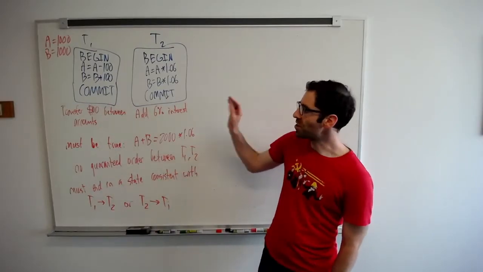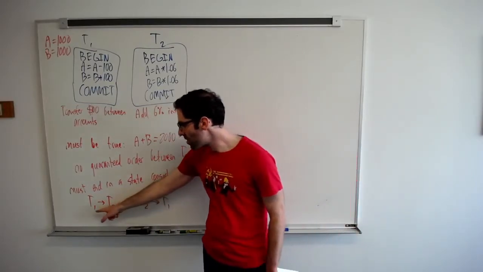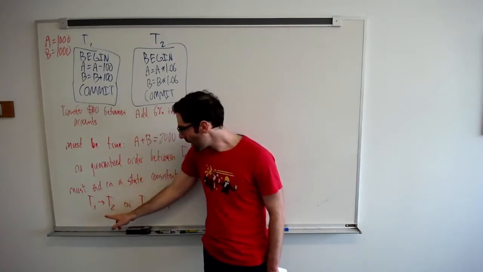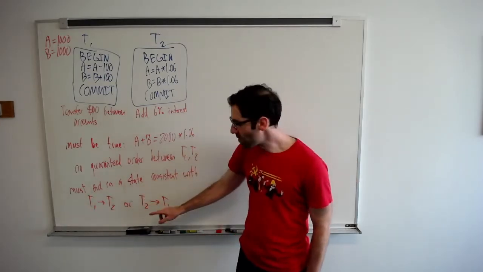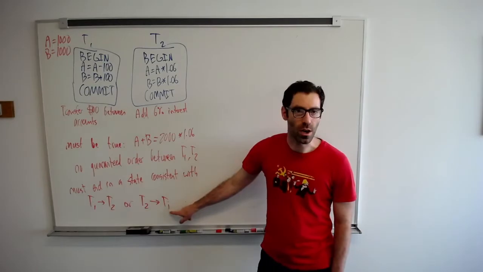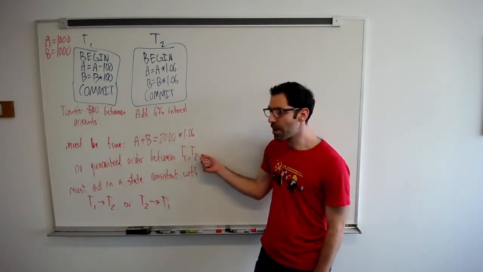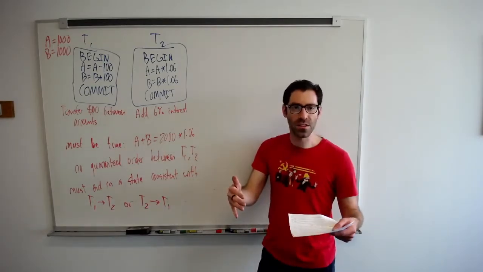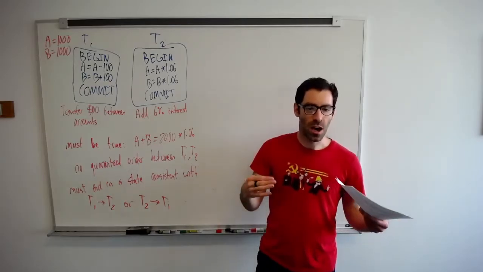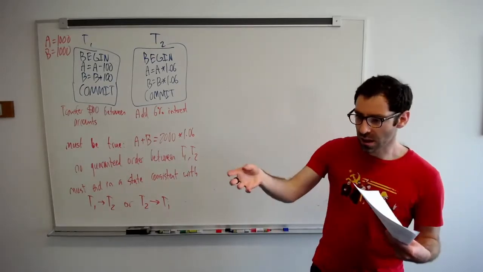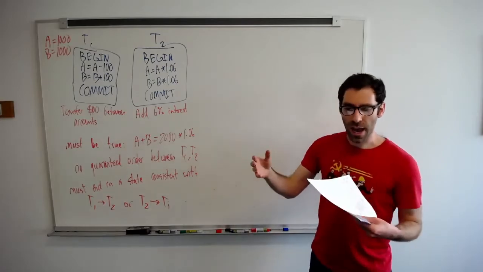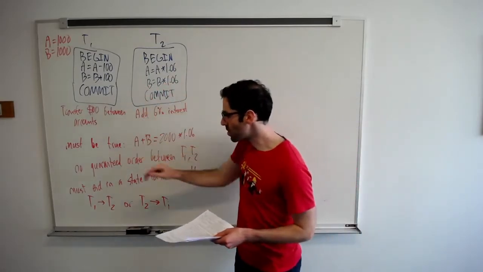So the state of the database at the end needs to be as if we did T1 and then T2, or as if we did T2 and then T1. We don't have some guaranteed order between them. They come in at the same time. The database could execute one and then the other, or at the same time, and their different operations interleave.